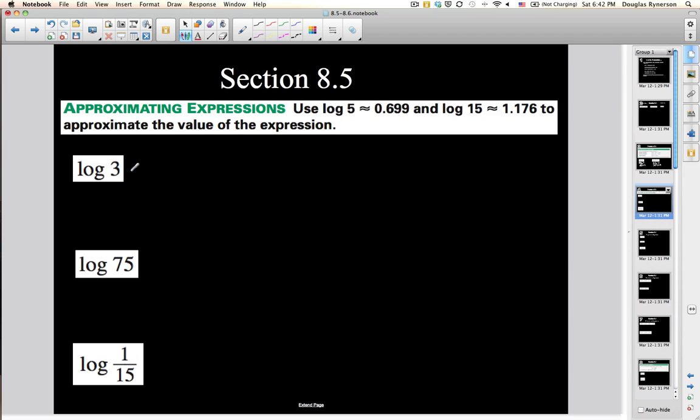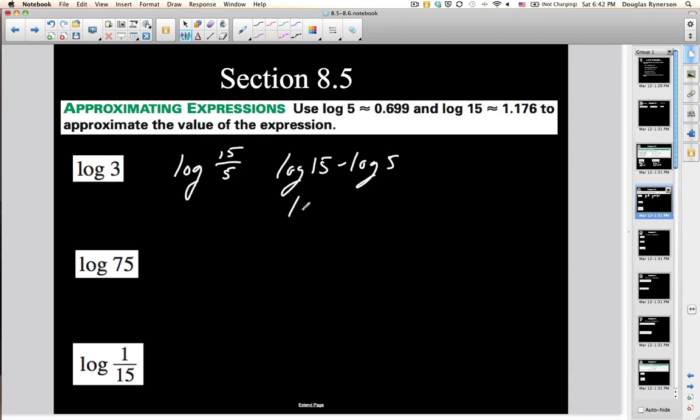They didn't give me logarithm of 3, they gave me log 15 and log 5, but 3 is 15 divided by 5, so I could say this is log of 15 divided by 5. And if I expand this, that's going to be log of 15 minus log of 5.